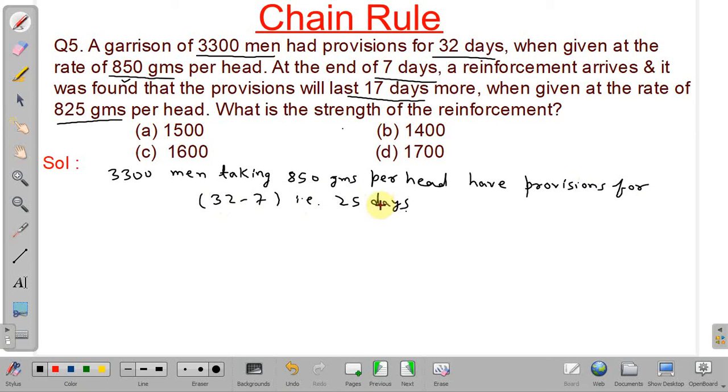And we will assume let strength of reinforcement be x.